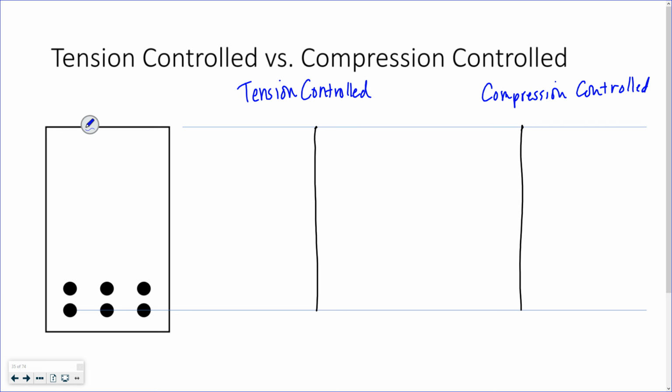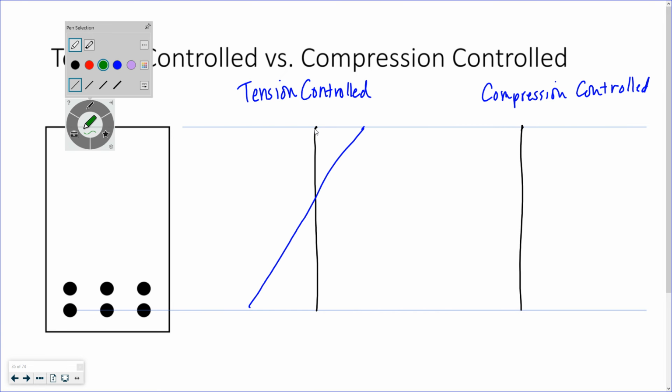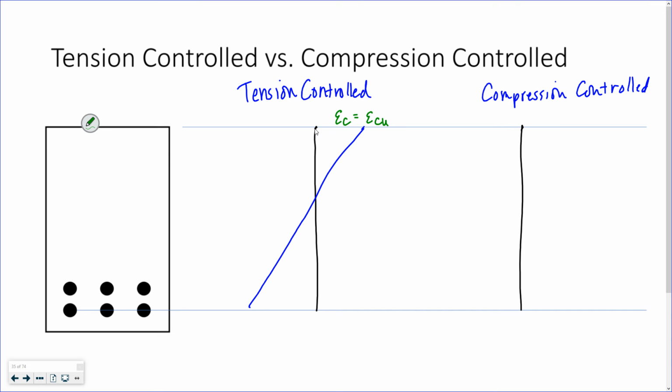So if I'm talking about tension controlled, as always, I assume that my concrete strain at the extreme compression fibers is equal to ECU, which is 0.003.